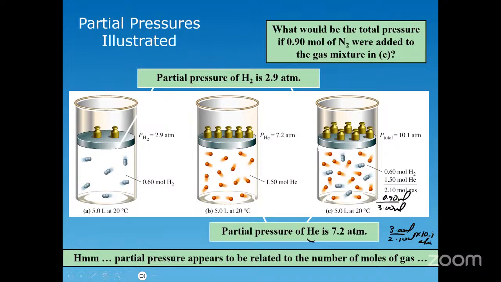So what does that give? 3 divided by 2.1 times 10.1. So you're going to end up with the total pressure, in that case, being equal to 14.4 atmospheres. All right, and that's basically how that is done.